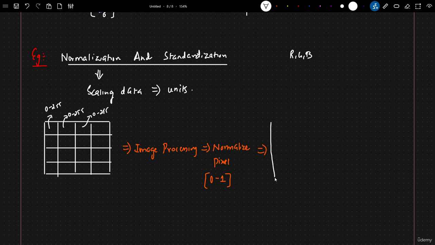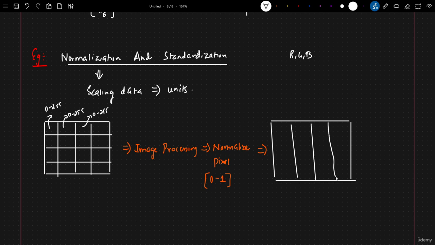I will take every pixel and divide by 255. If I divide every pixel by 255, it is converted to between 0 and 1. I'm just dividing each and every pixel by 255, and this process is called normalization.